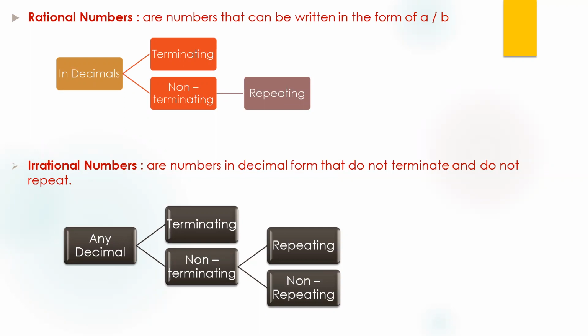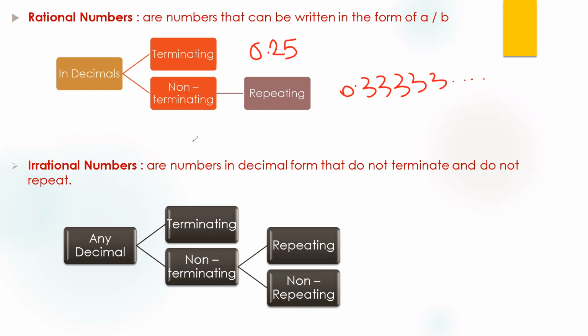If you look at decimal numbers, we have two types: one is terminating and one is not terminating. Terminating means, like 0.25, this is a decimal and it's terminating. Terminating means it ends. But some of them are not terminating, such as 0.33333, and so on.